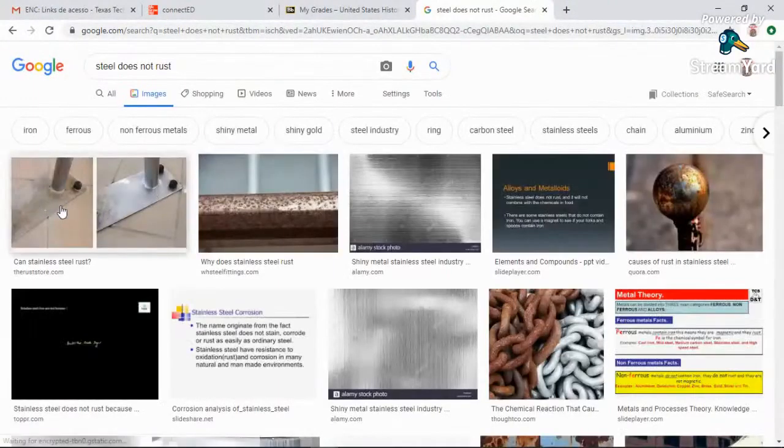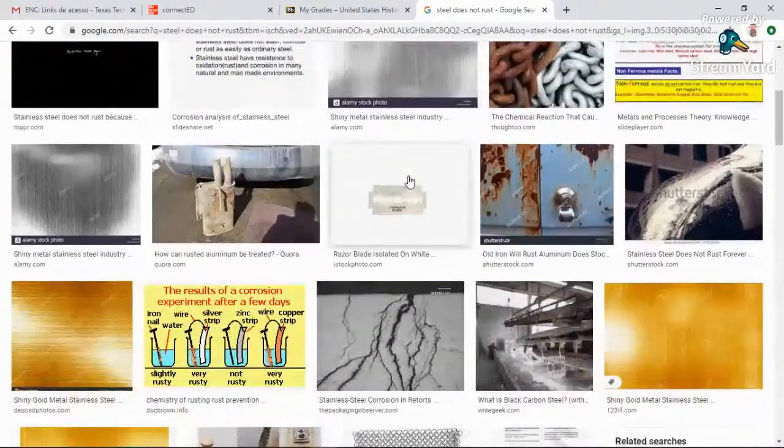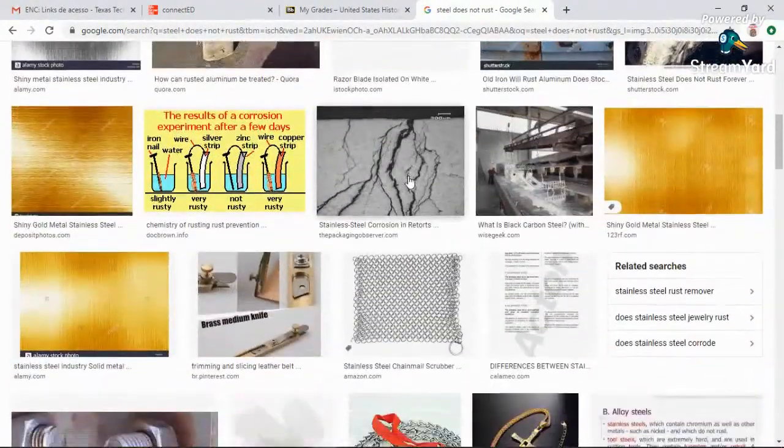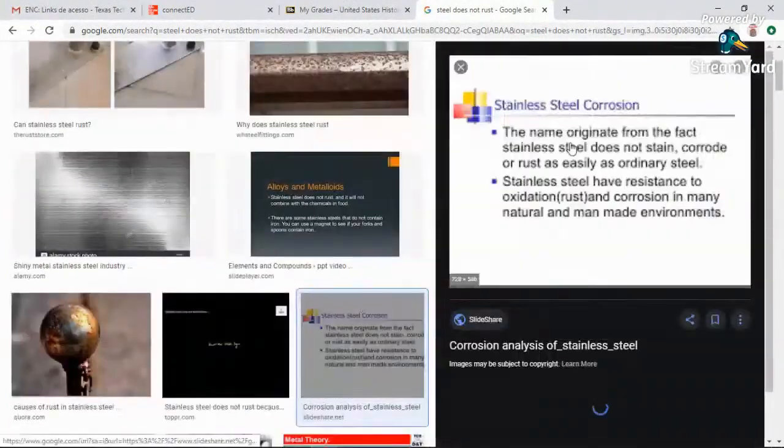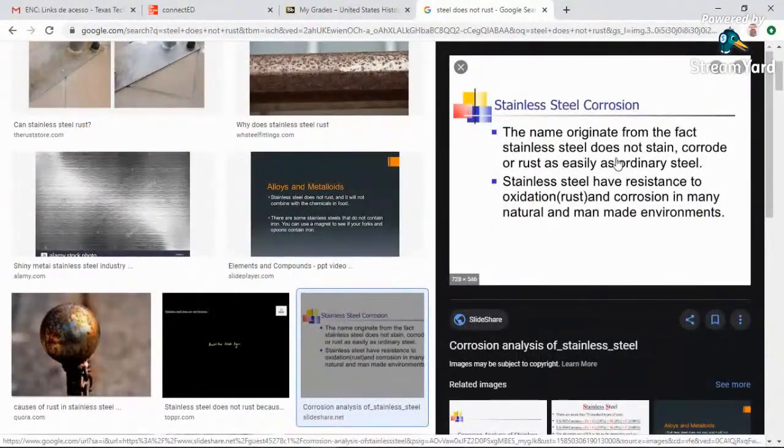Okay, stainless steel can get a little bit rusty after a while, but for the most part, it doesn't rust. And it lasts a lot longer than iron. So we have stainless steel, which does not stain, corrode, or rust as easily as ordinary steel.